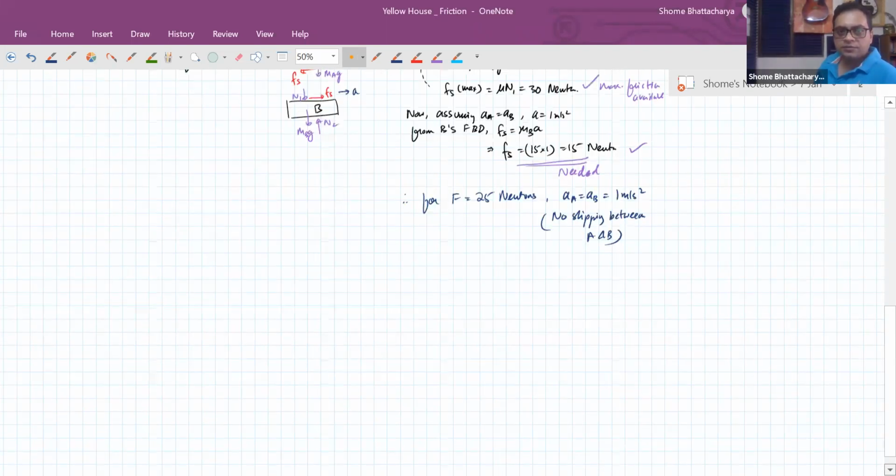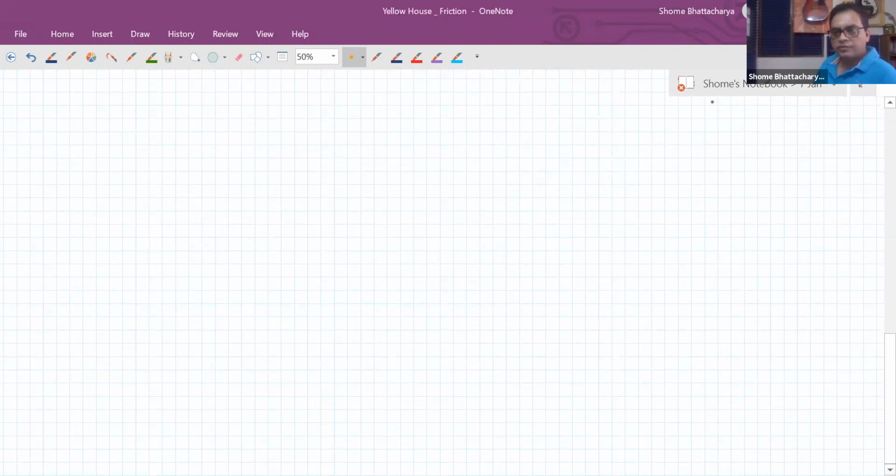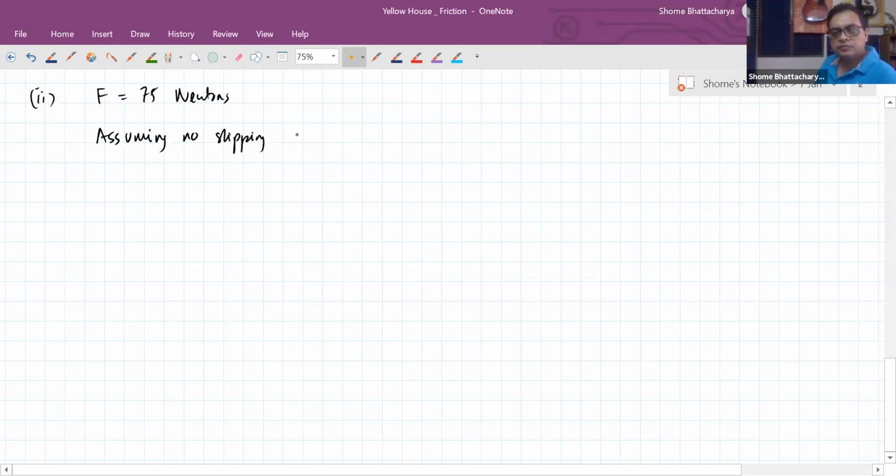Okay, so as you can see, what will be happening here is that in the second part, when we increase the force to 75 newtons, assuming no slipping, you make the combined free body diagram.